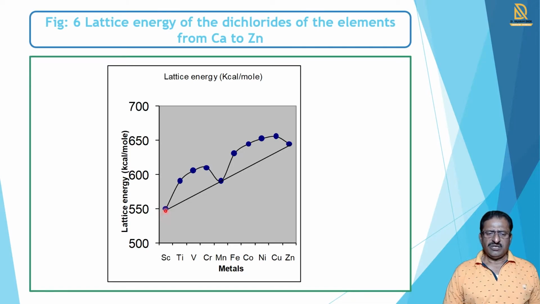Now we see that in the d0, d5 and d10 cases, the values are on the straight line. But in the other cases, that is d1, d2, d3, d4, then d6, d7, d8 and d9, the values are not on the straight line, they are higher than the straight line.